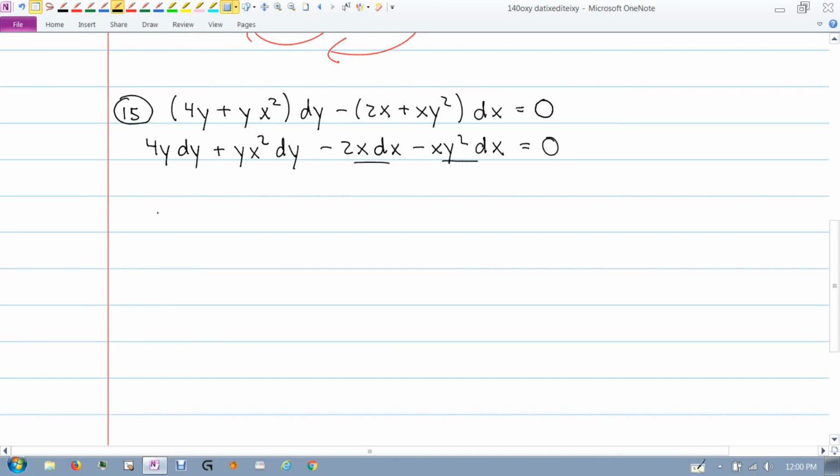Let's do it. So 4y dy plus y squared, or yx squared dy, equals 2x dx minus xy squared dx. That should be a plus, sorry. Okay, so I just moved these guys to the right.